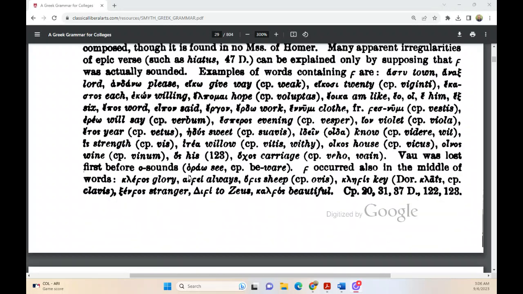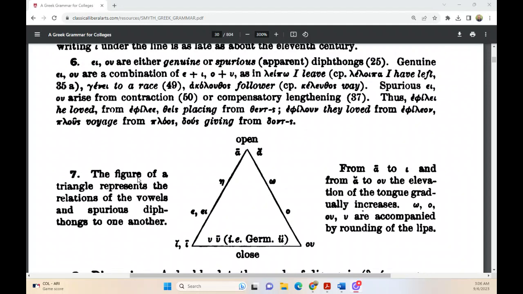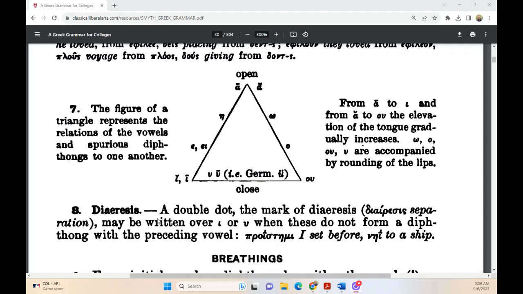We then talked about diphthongs, what diphthongs are, what are the Greek diphthongs, and why they're special sounds, and what they mean, and how they direct us how to read Greek words. And then we talked about how the different vowel sounds are formed, helping us to think about the linguistics of Greek pronunciation. And then lastly, we learned that sometimes two vowels together that would normally form a diphthong don't, and they're marked by diairesis when they don't.